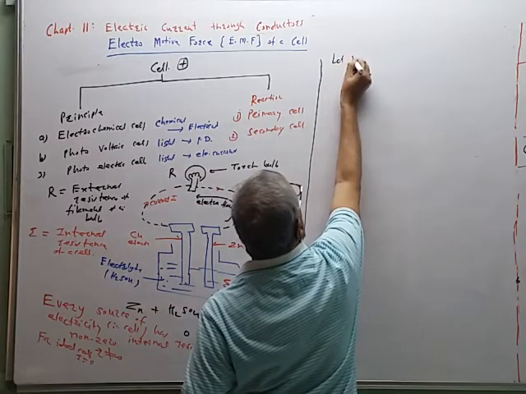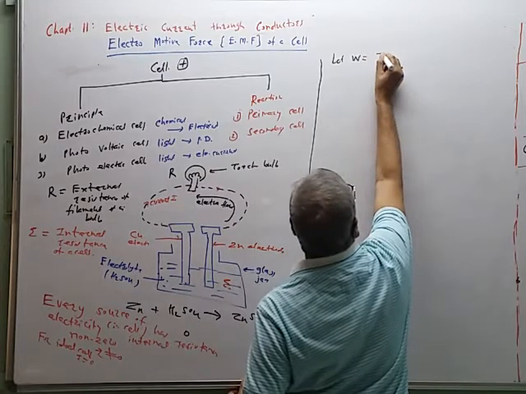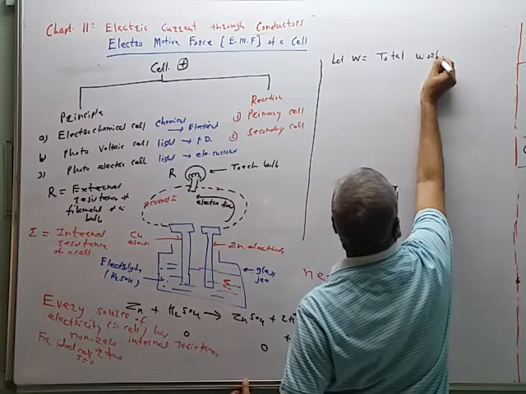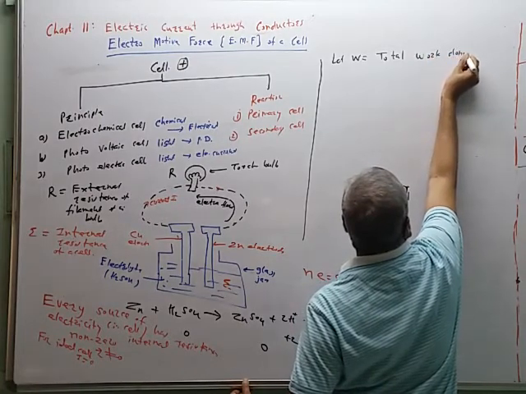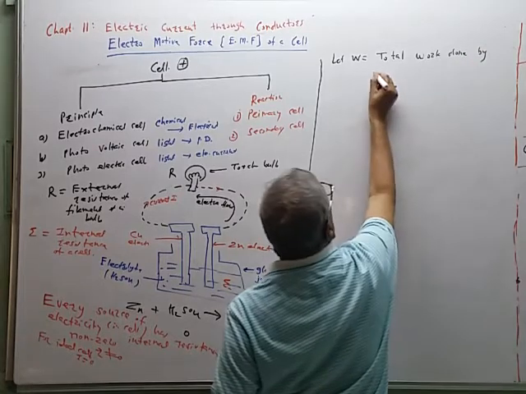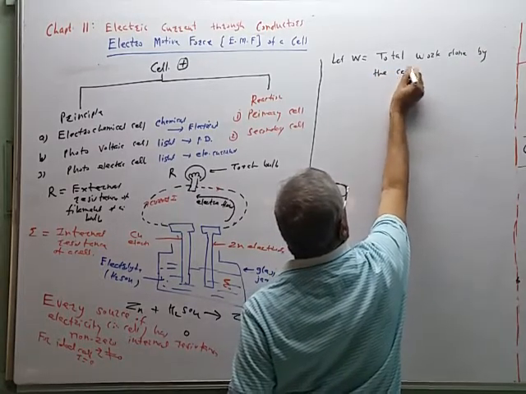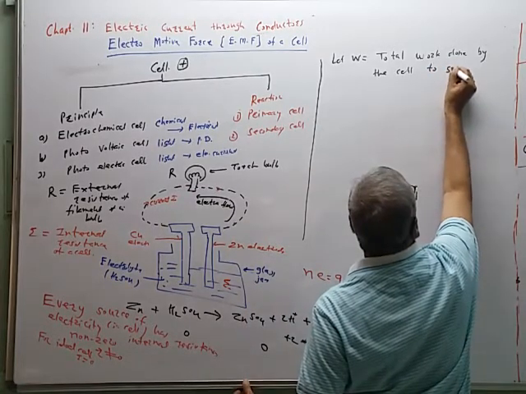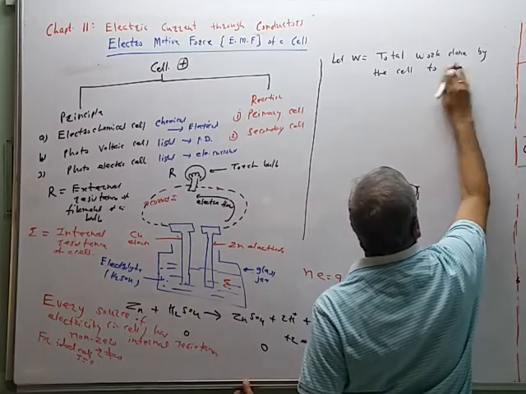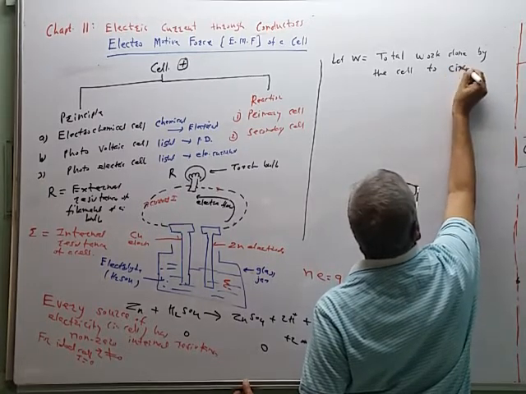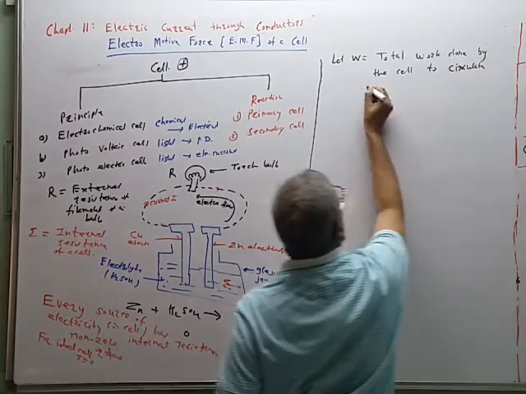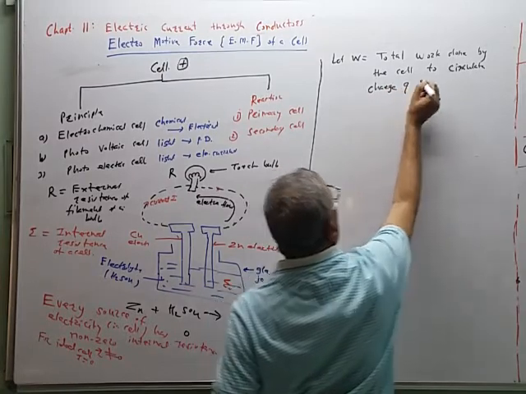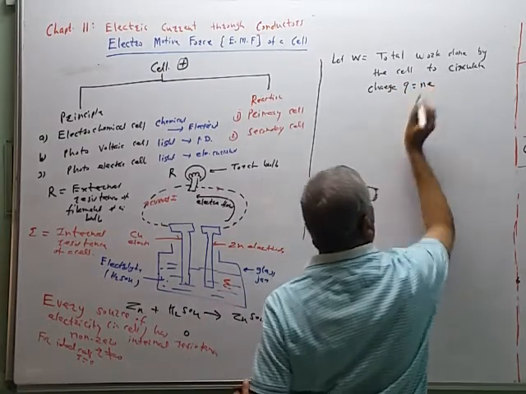Let W be the total work done by the cell to circulate, to supply the charge Q. This charge is given by quantization of charge.